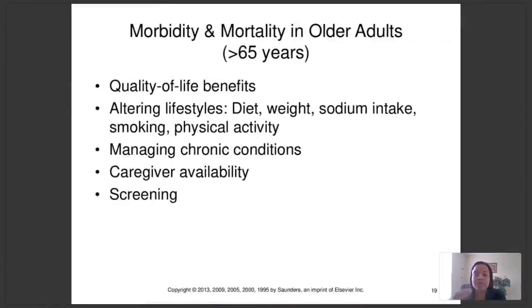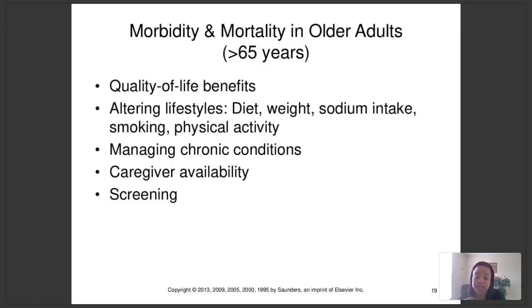Okay. Then we go into older adults, 65 and older. Now we're starting to look at what conditions are contributing to morbidity and mortality at this age group. So availability of caregivers. You find that interesting. If I'm dealing with some issues already and struggling with the ADLs and I don't have anybody else to help me with those ADLs, how effective am I going to be?